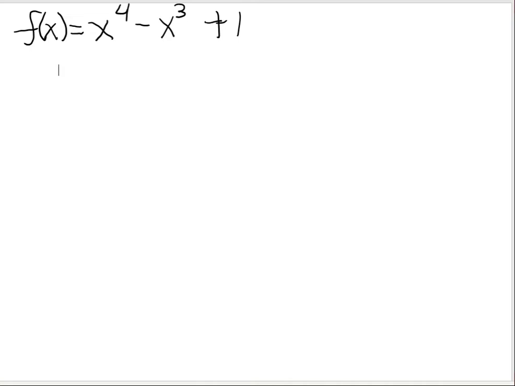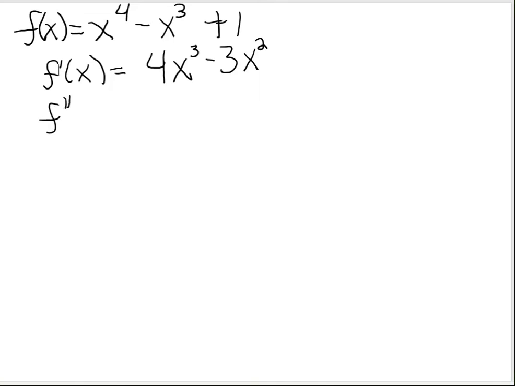Well, you take the first derivative. You get 4x cubed minus 3x squared plus 0. You take the second derivative, and what do you get? You get 12x squared minus 6x.